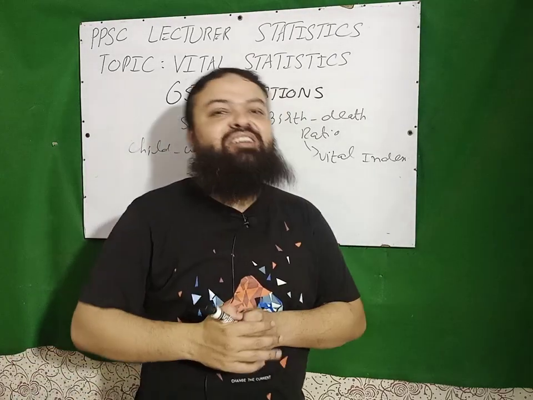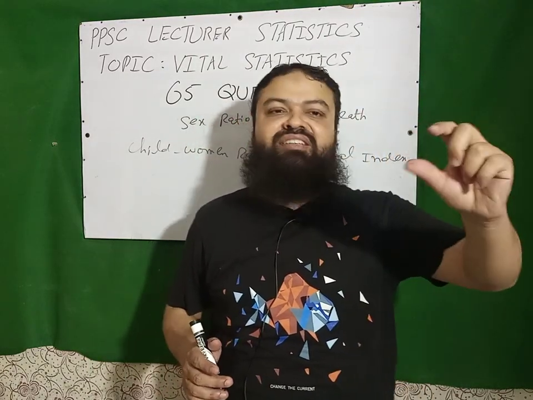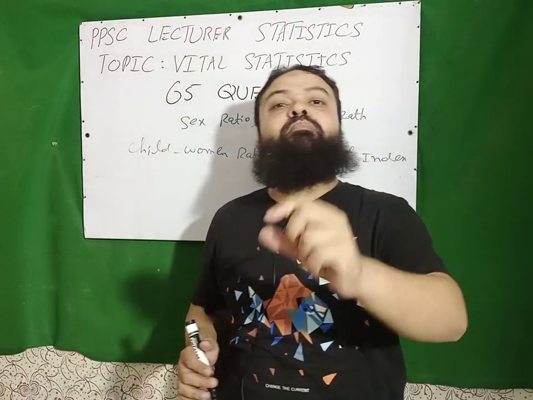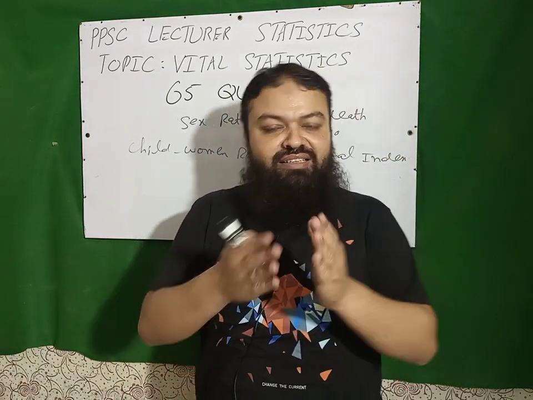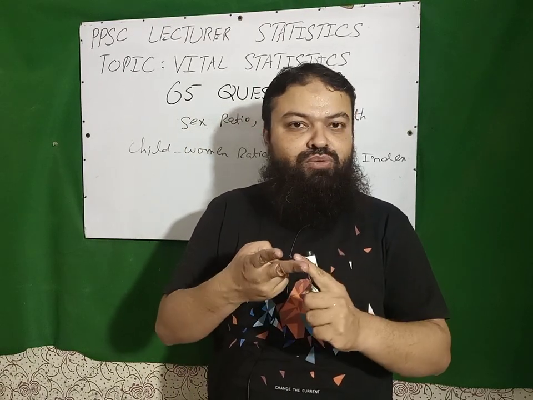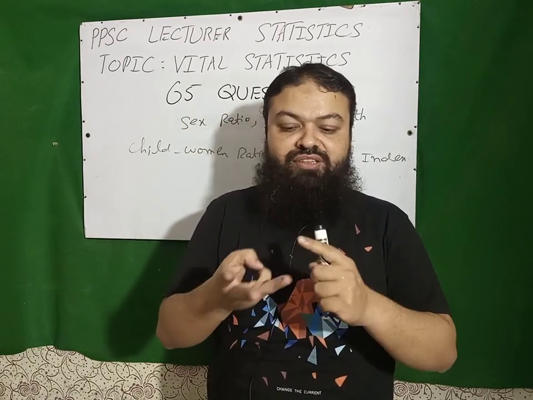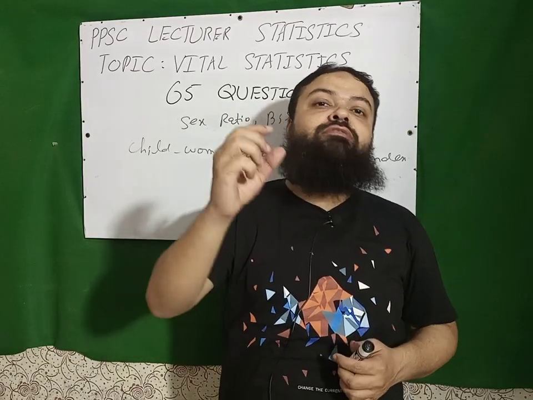There is a question: what is ratio? It is the comparison between two categories, A over B. A stands for female, B stands for male. 20 over 10, 2:1 is the answer. Then there are important categories of ratio. Number one is sex ratio. Number two is child woman ratio. Third one is death or birth ratio, which is also called vital index.